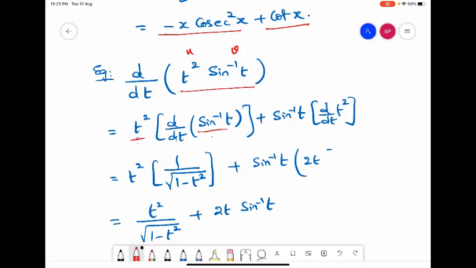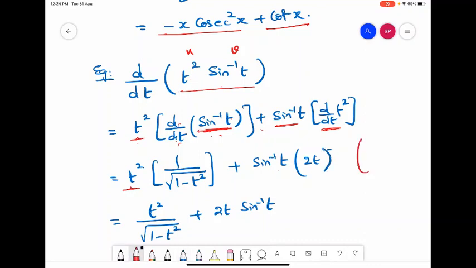So first function into the derivative of the second function, plus sine inverse t into the derivative of t square, second function into the derivative of the first. Which is equal to t square into, from the formula list you can extract sine inverse t, d by dt of sine inverse t is 1 by under root of 1 minus t square, plus sine inverse t into d by dt of t square is 2t.